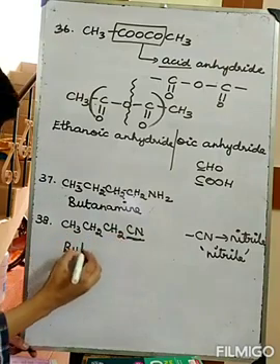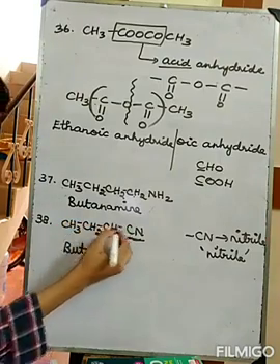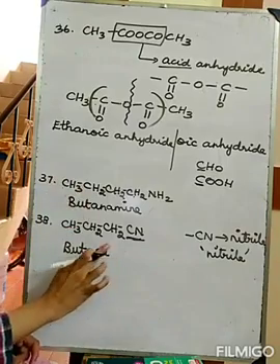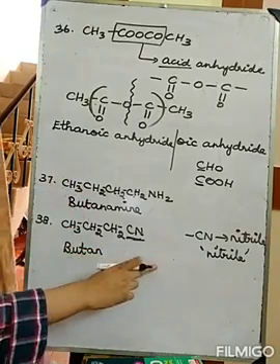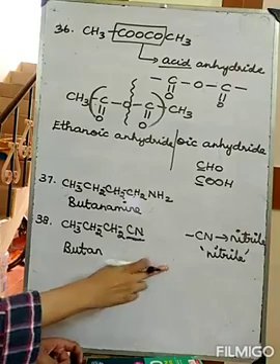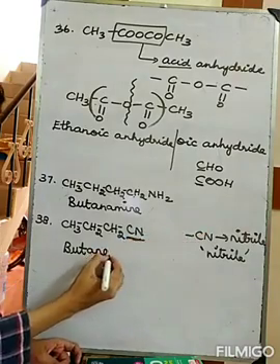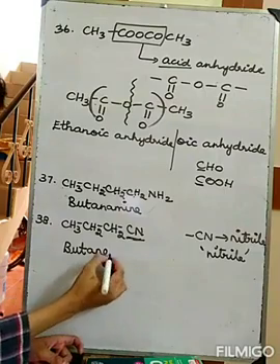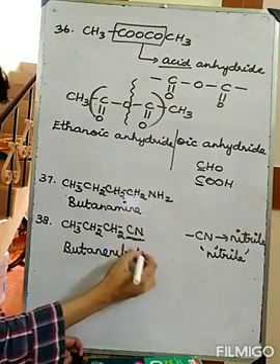4. So bute, single bond, so ane. But the difference is, usually you remove this E and add the suffix. Yes or no? For nitrile, you should keep this E and only then write the suffix. So it is butane nitrile.